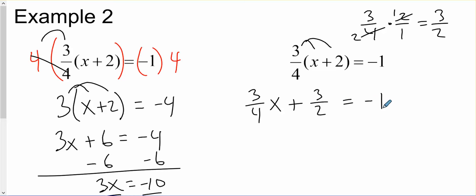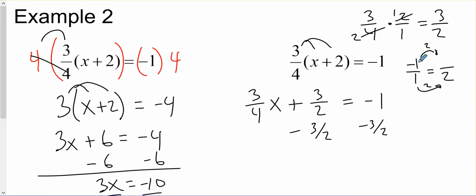So now I'm going to do the same thing. What do we want to do? We can subtract 3/2, subtract 3/2, so a little side problem here. -1 is equal to how many halves? -1 over 1 equals how many halves? Well, what do I need to do to 1 to make it a 2? I need to multiply by 2, so I need to multiply this by 2 as well.